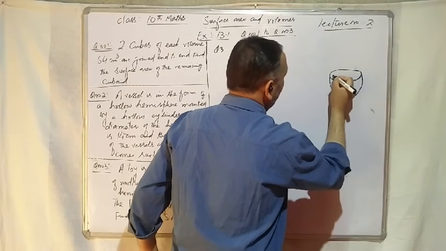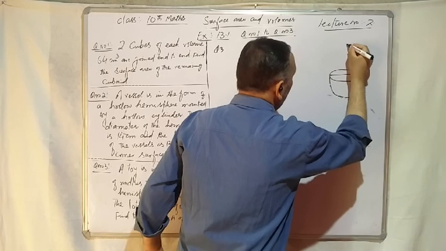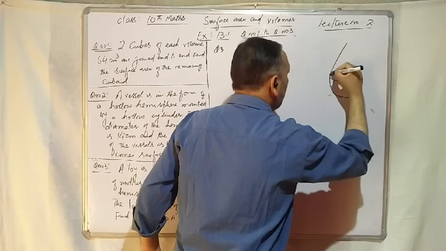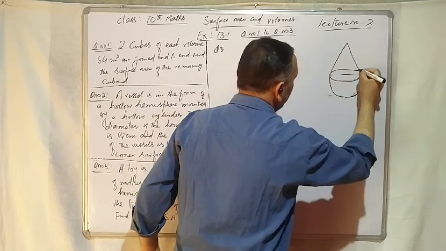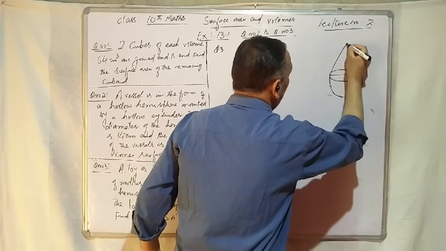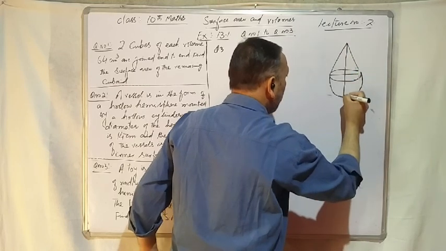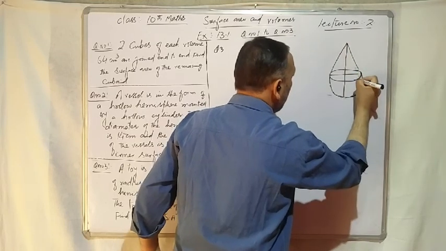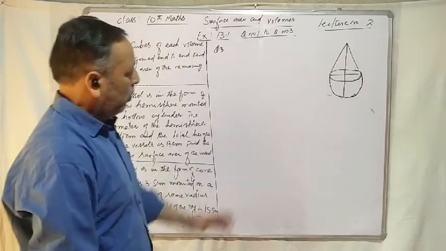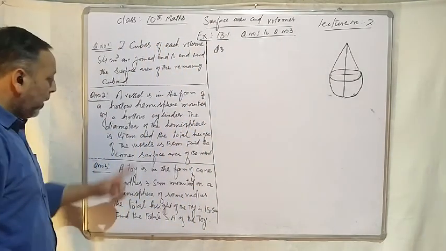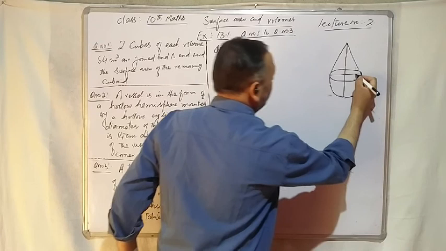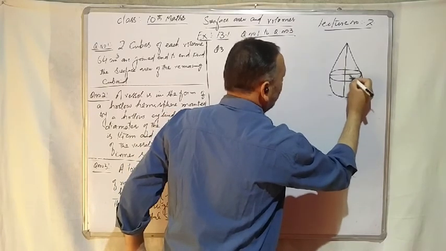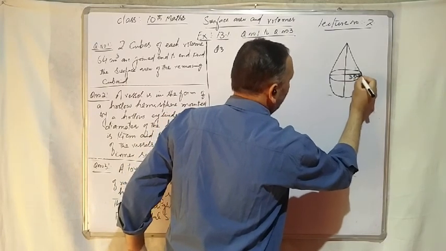A cone is placed over it, just like this. Now, of radius 3.5 centimeter, this is the radius. This radius is 3.5 centimeter.